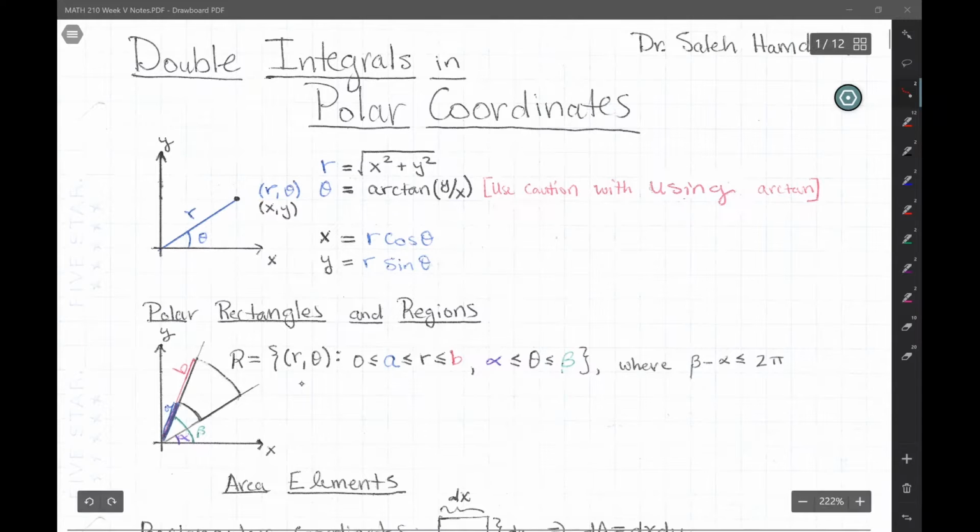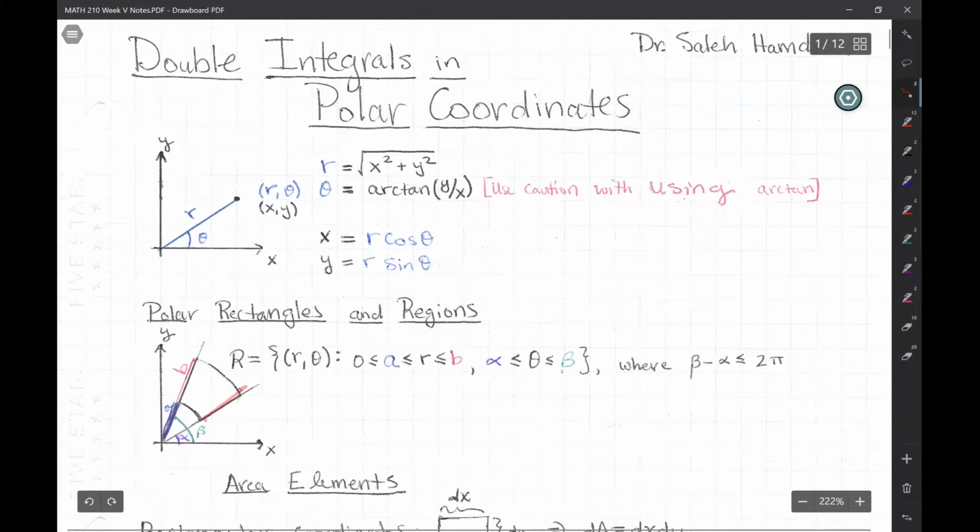Sometimes it could be confusing getting the region described in terms of polar coordinates. Always remind yourself, if I'm a point in this region, what bounds must I obey? For example, here, if we just look at r being between a and b, in fact, many points respect the r being between a and b. You would end up getting a donut in that case.